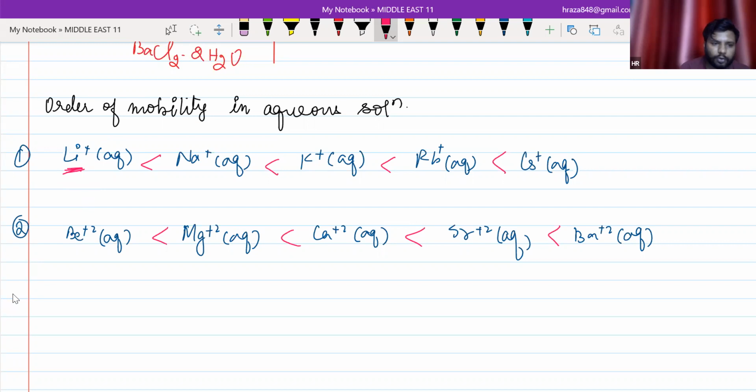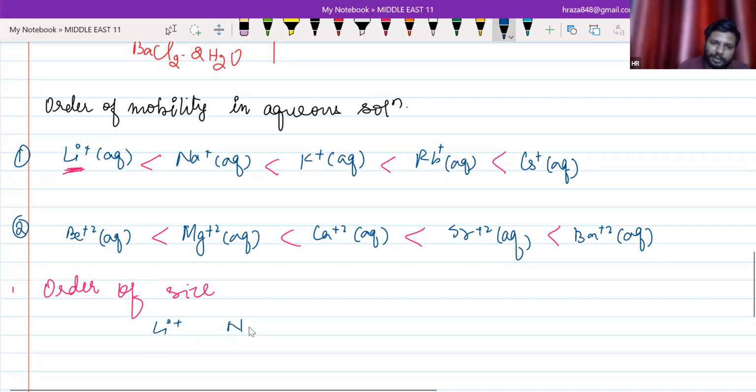There will be another question about size. It is of two types. I'm going to give you two questions. Order of size. One is normal, like Li plus, Na plus, K plus, rubidium plus, and cesium plus.